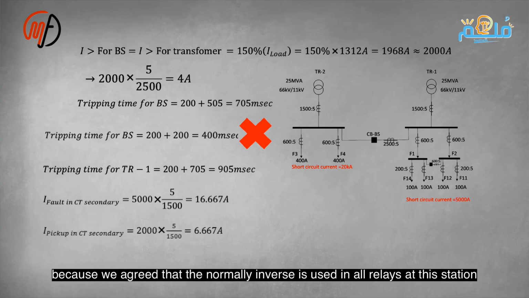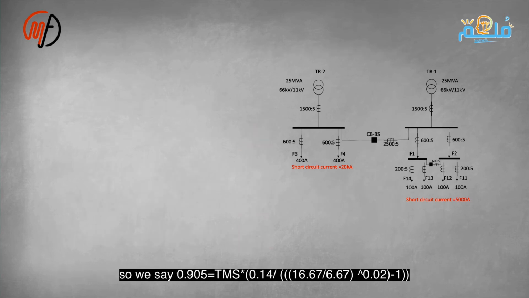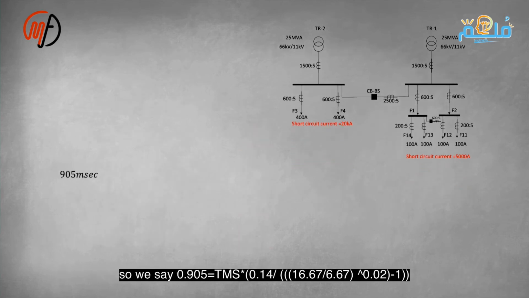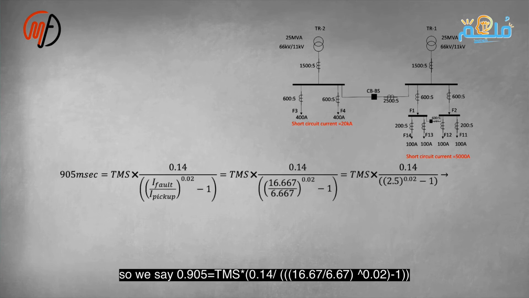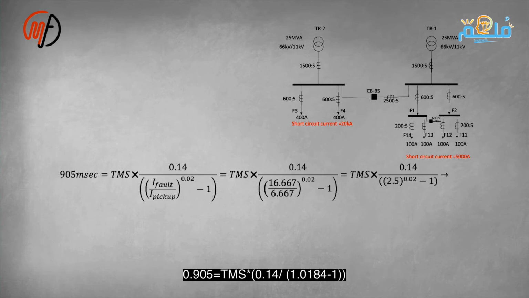So we say 0.905 equals the unknown TMS, which we need to find, times 0.14 divided by 16.667 raised to the power of 0.02 minus 1. Therefore, 0.905 equals TMS times 0.14 divided by 1.0184 minus 1. Thus, 0.905 equals TMS times 0.14 divided by 0.018488.